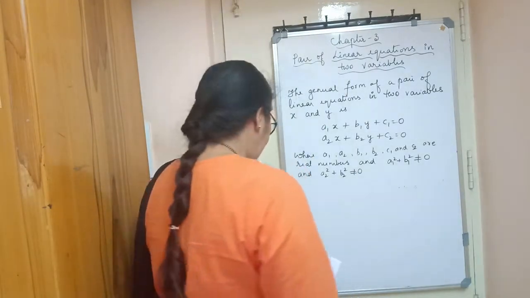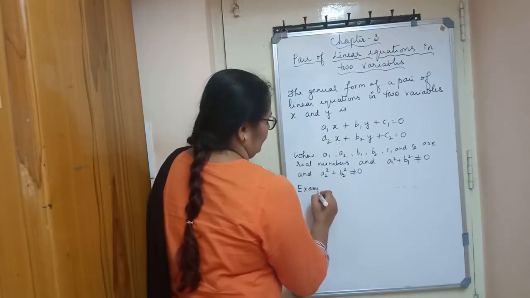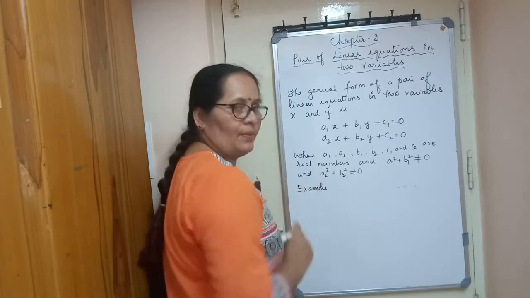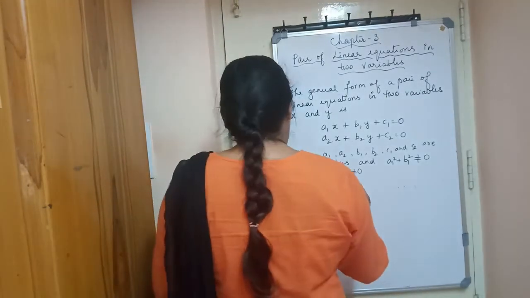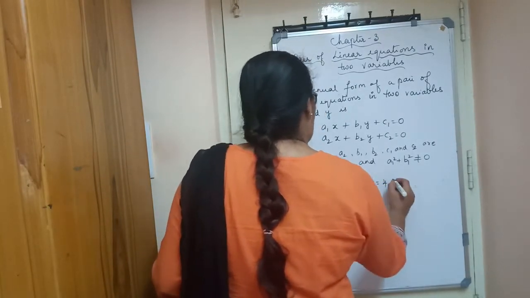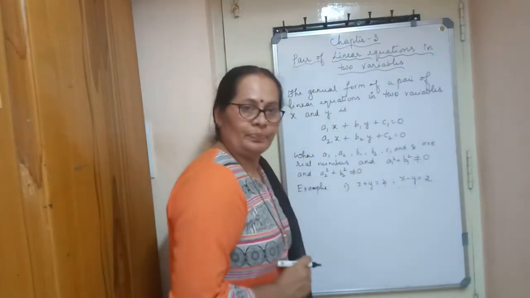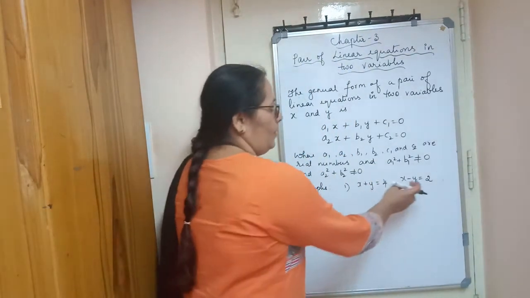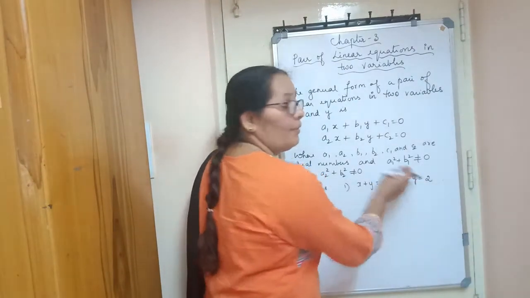Now, examples for pair of linear equations. First example is x plus y equals 4, and another equation is x minus y equals 2. So, this is a pair of linear equations. Here the variables are x and y.